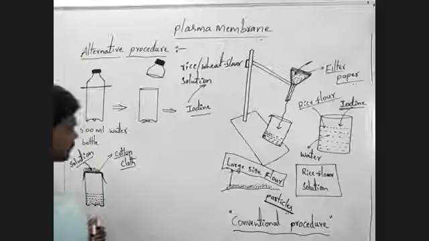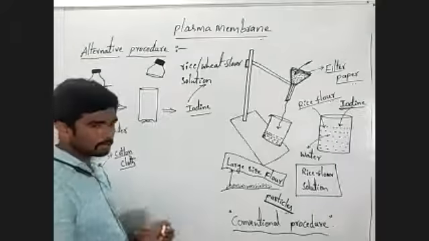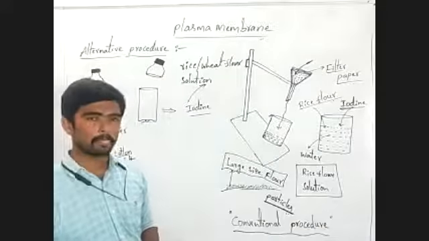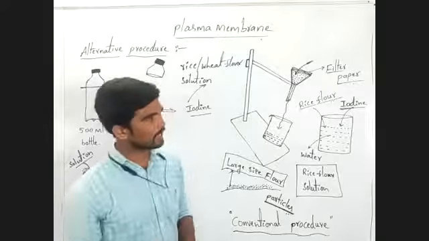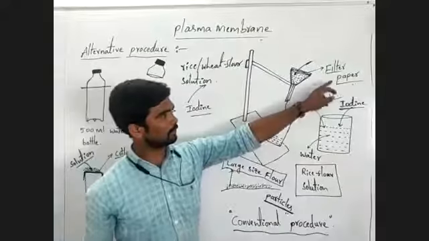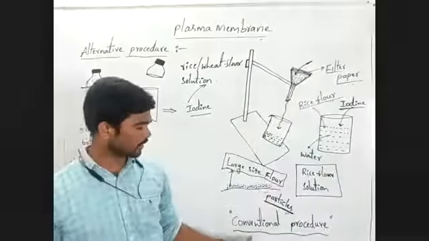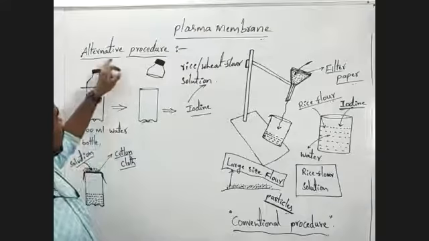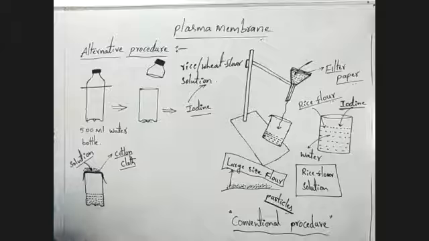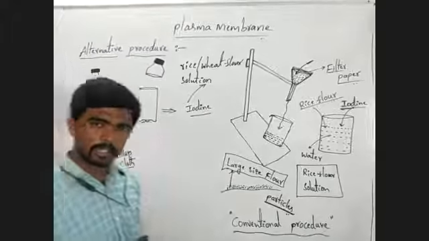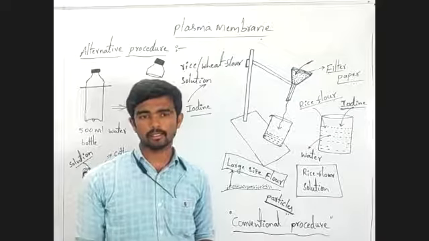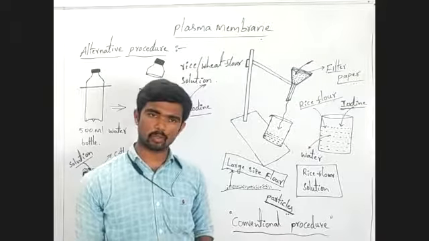Means, the plasma membrane also acts like filter paper in the conventional procedure and cotton cloth in the alternative procedure. Understand, the plasma membrane does not allow all the substances through it.